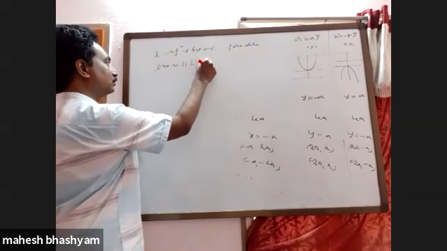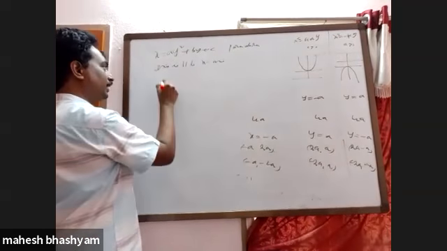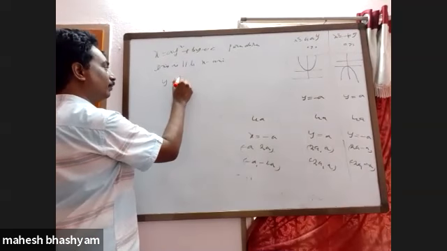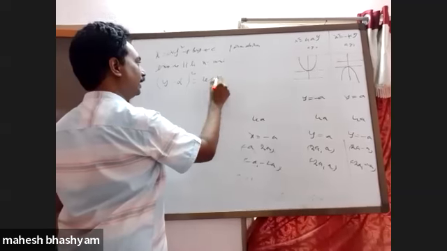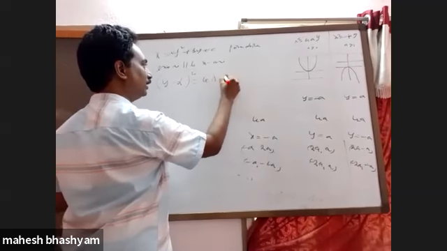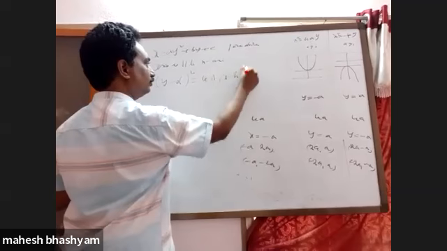Now it takes the form y minus alpha whole square is equal to 4a, I am writing in terms of capital A, into x minus h form.